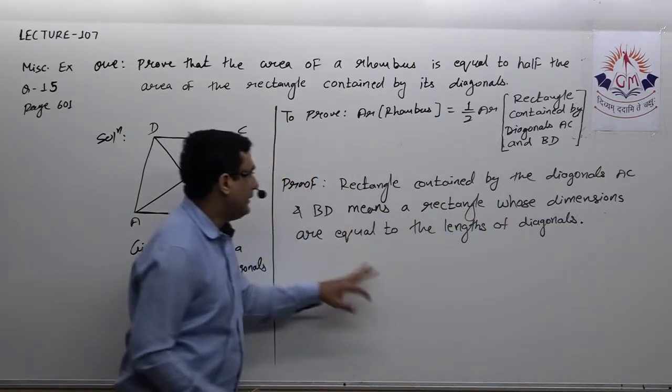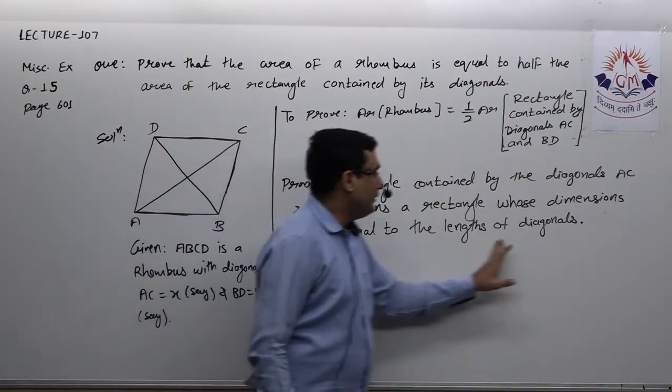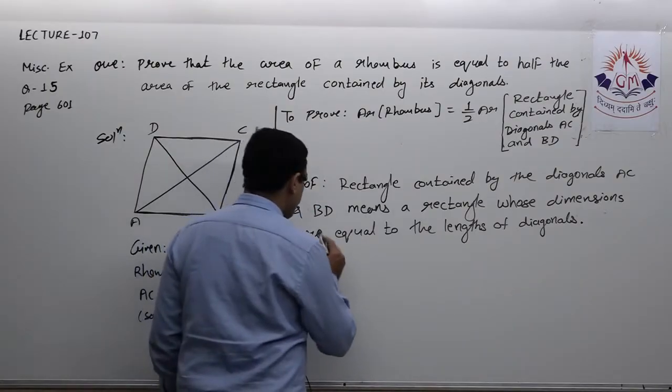Rectangle contained by diagonals AC and BD means a rectangle whose dimensions are equal to the length of the diagonals.